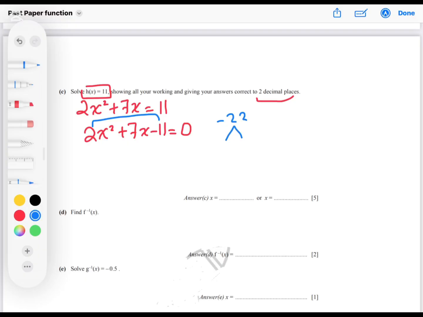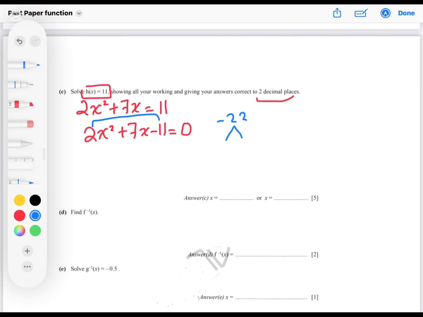We have to identify two numbers that multiply to 22 and when we add or subtract become 7. We have only one chance, 2 11s are 22, or 22 ones are 22. So there is no possibility that makes 22 or the middle value 7. So this means I have to apply the quadratic formula. Okay, and to apply the quadratic formula we have to use a calculator.